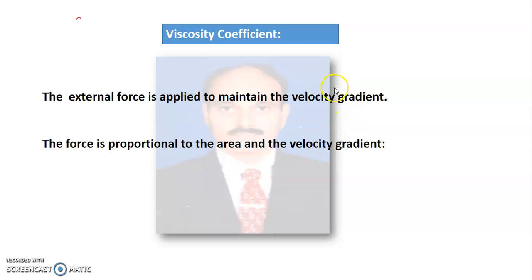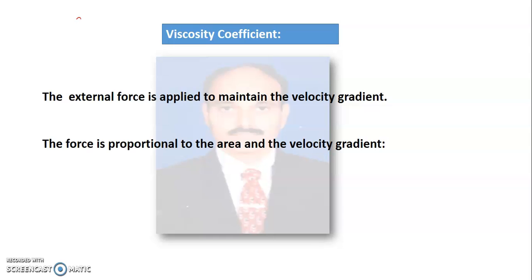What is this velocity gradient? If we consider two layers, the velocity of the first layer and the velocity of the second layer may be different. The difference in the velocities of the two layers is the velocity gradient.